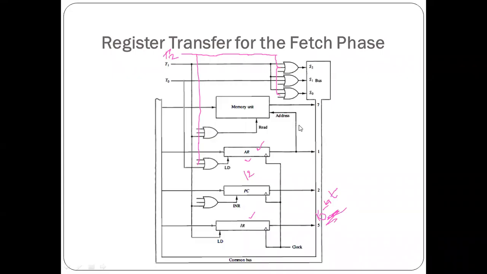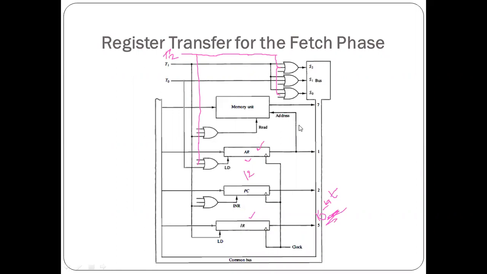The remaining bits are decoded using the decoder and the flip-flop. Now during T3, reading of memory will happen if it is a memory reference instruction, which is determined by detecting the decoder output, whether it is D7 or not. If it is D7, it proceeds for other actions like register reference or IO reference.